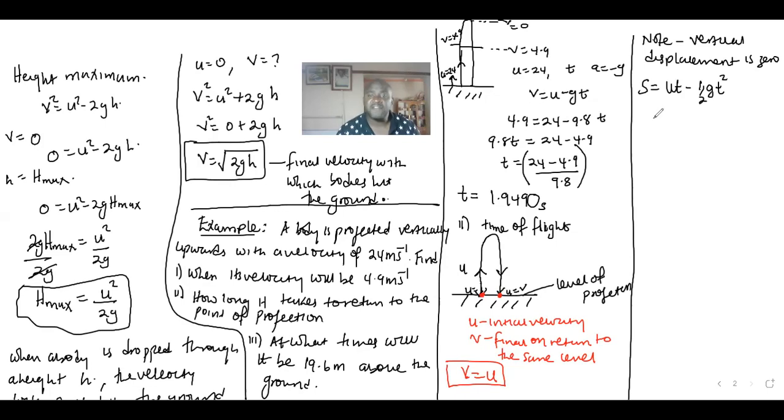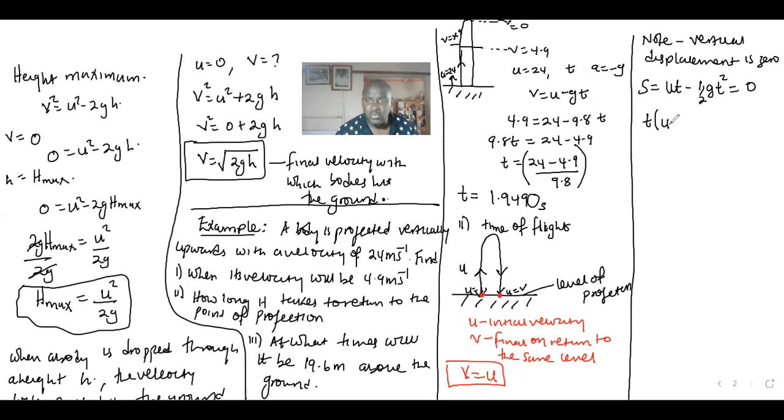S is equal to UT minus a half GT squared. Remember we said for vertical motion, we substitute a with a negative g. When a body is coming back down, we substitute a with a positive g. We have said this is 0. So if it is 0, factorize. When you factorize, what will you attain?